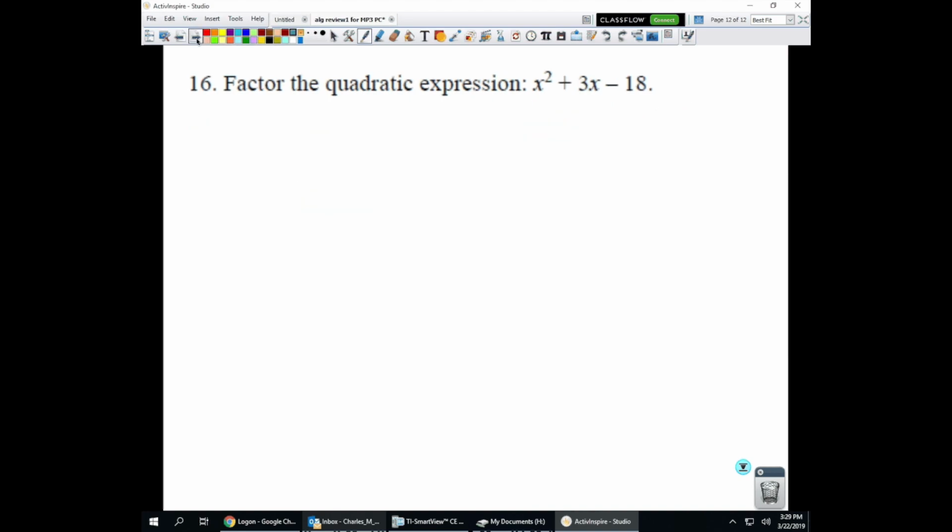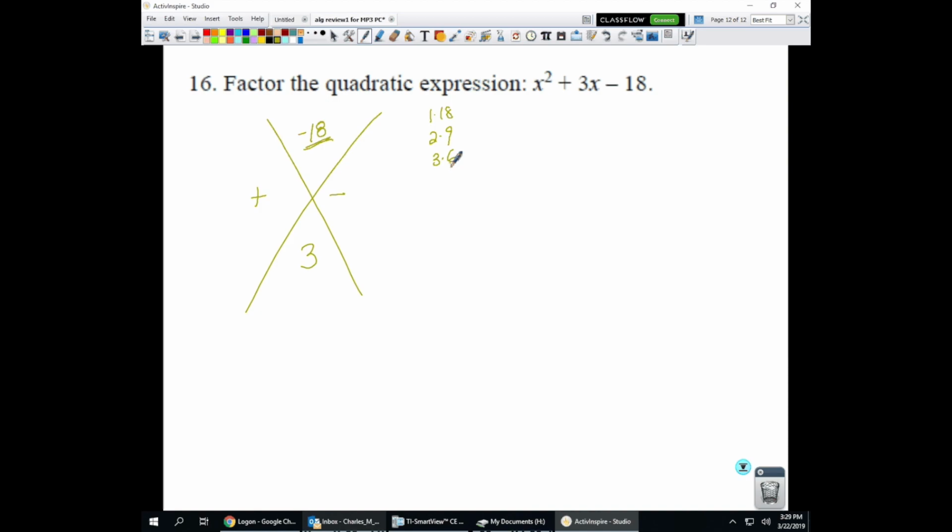Number 16, exactly the same type of question. I start with our magic x. The product for which I'm looking is negative 18, and the sum is positive 3. Once again, I have a negative product, so I need one positive and one negative number. I can think through the factors of 18 there. 1 times 18, 2 times 9, or 3 times 6. Again, not many choices.